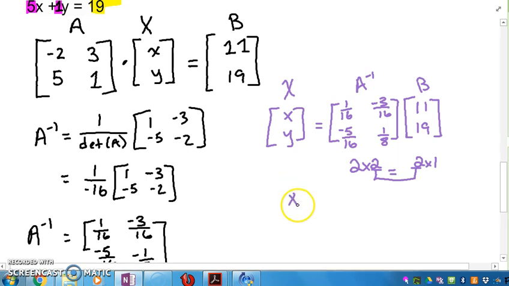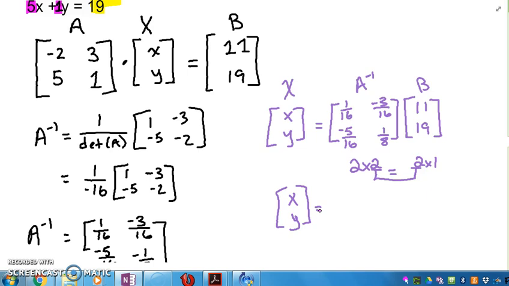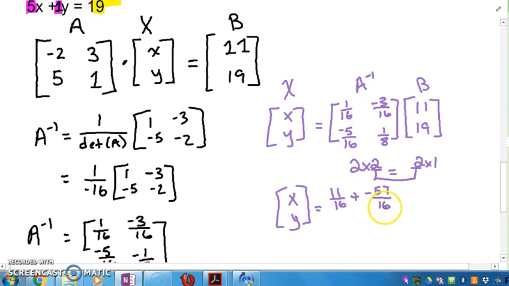So X, Y, so here's our X matrix, would equal 11/16 plus 3 times 19, so 11/16 plus a -57/16.